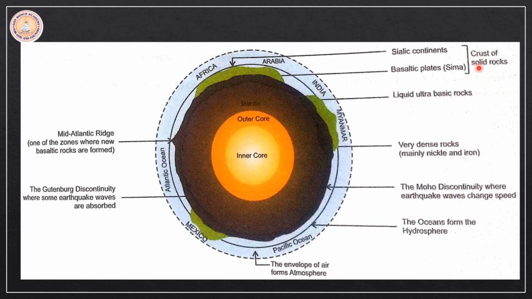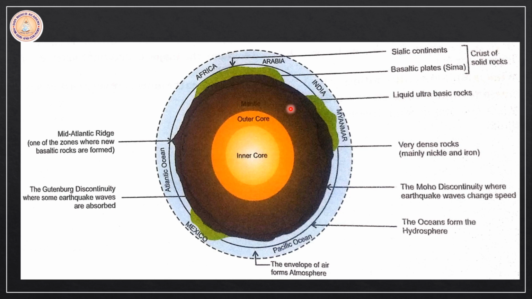Apart from the crust, next we need to learn about the mantle. The mantle is between the core and the crust. The material with which the mantle is made up of is magnesium and iron. We also call it FEMA.